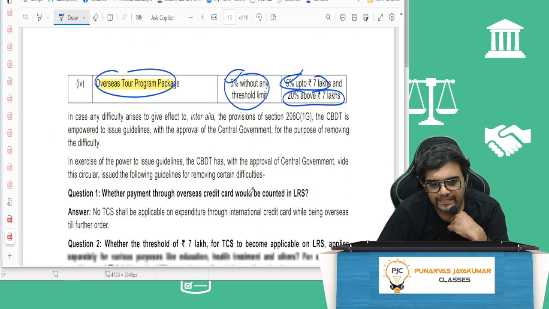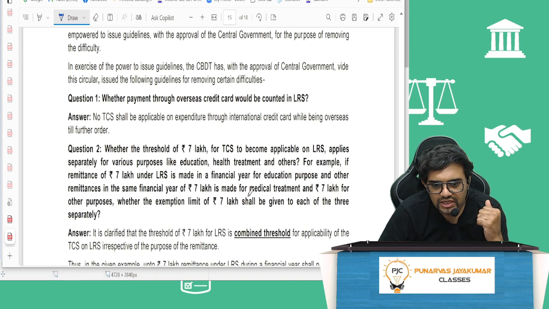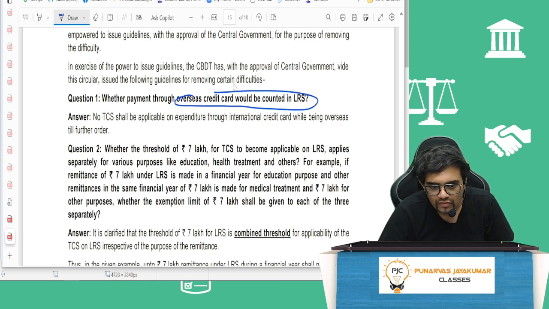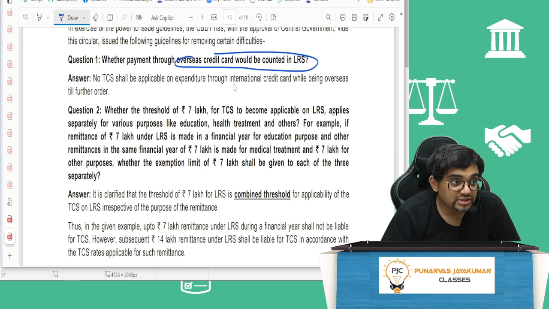Okay. So see whether payment through an overseas credit card would be counted. Yes, it was counted for sure. It is still counted now.